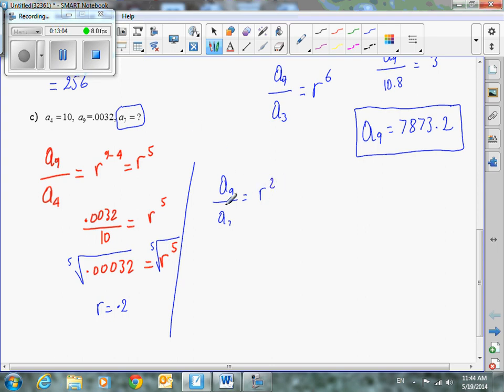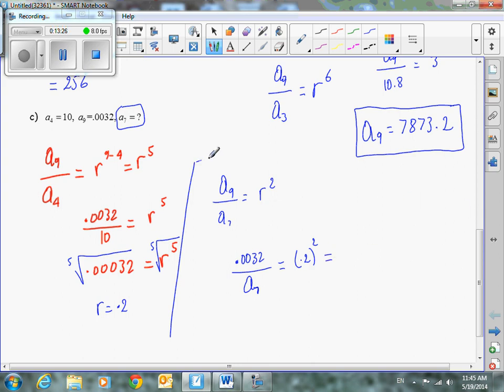So do we know what A9 is? What is it? 0.0032. Do we know what A7 is? No, so we keep it as A7. What about R? What is it? 0.2 to the power of 2. Now, let's figure out what 0.2 to the power of 2 is.